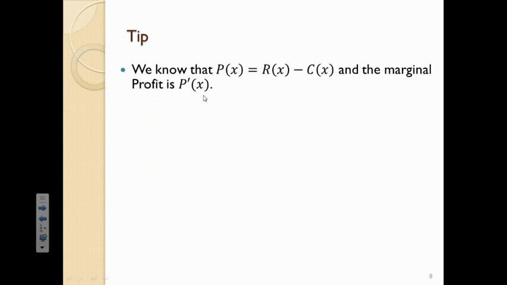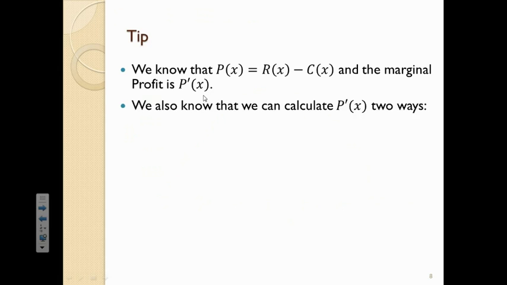And that will tell us where our maximum profit will be. But we also know that we can calculate p prime in 2 ways. We can do like we just simply said, calculate our profit, and then by taking revenue and subtracting the cost, find the formula, and then take the derivative of that to find the marginal profit.